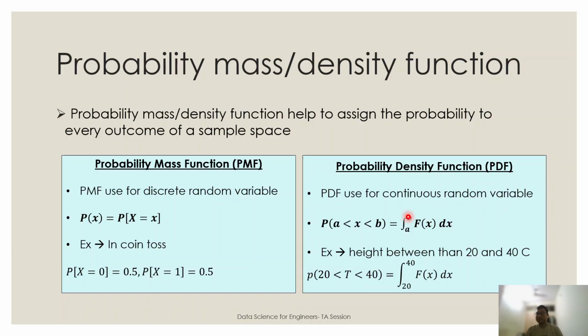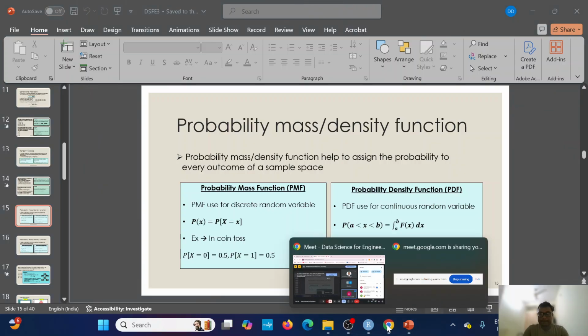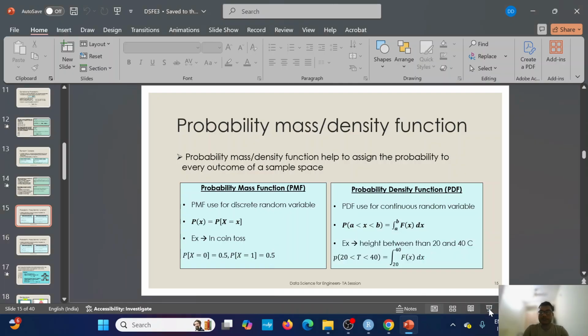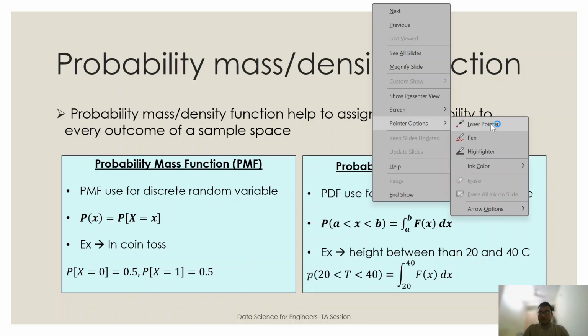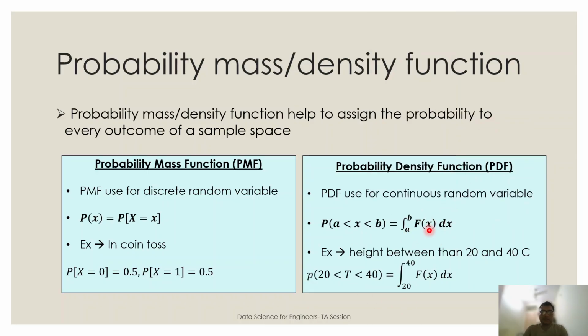Whenever a spectrum of range comes, in that case we generally use integration to calculate this. This is the particular function for that, and we are going to integrate this.